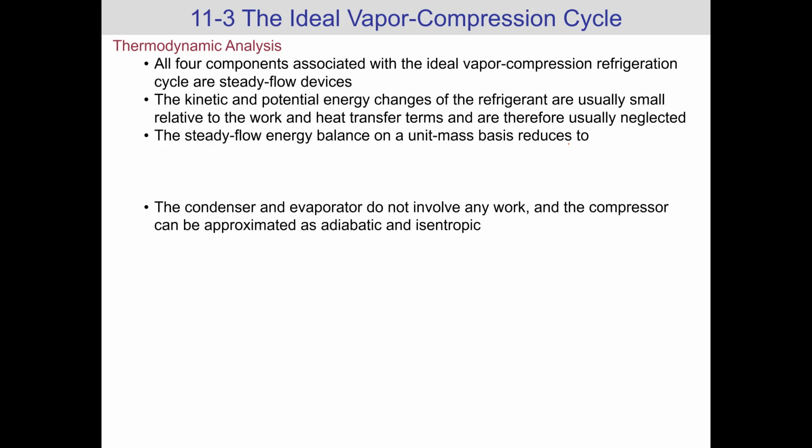Now, in terms of a thermodynamic analysis, all four components associated with the ideal vapor compression refrigeration cycle are steady flow devices. So the kinetic and potential energy changes of the refrigerant are usually small relative to the work and heat transfer terms and are therefore usually neglected.